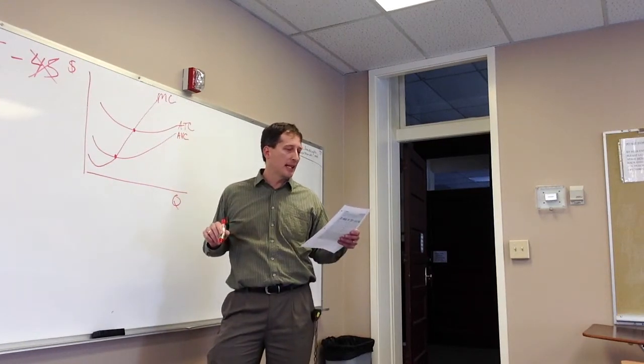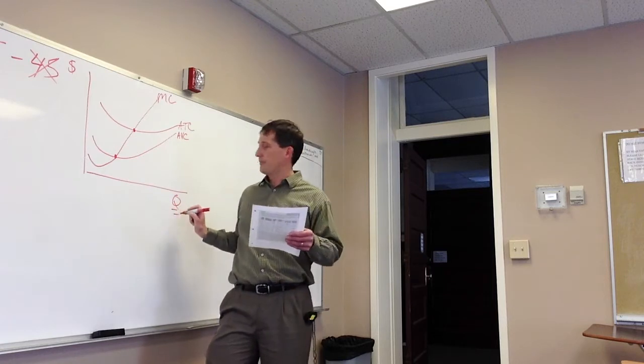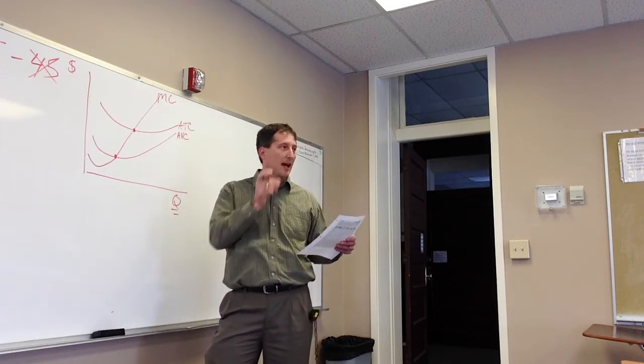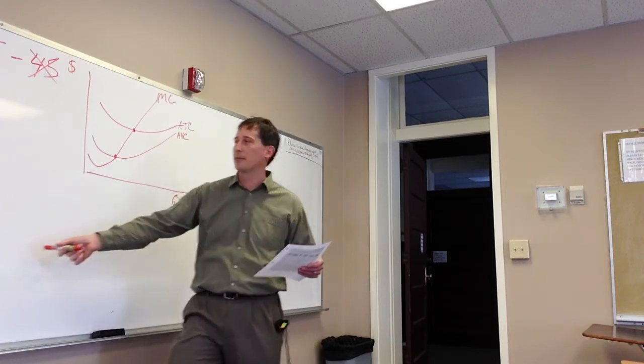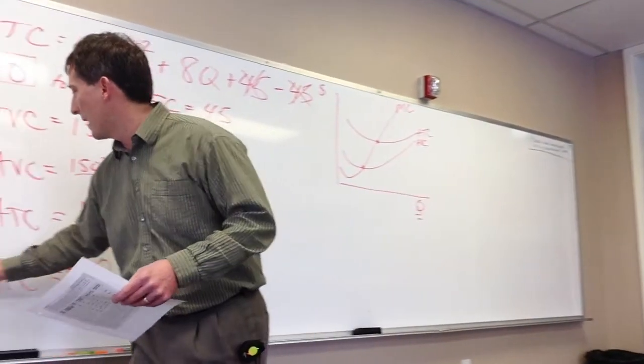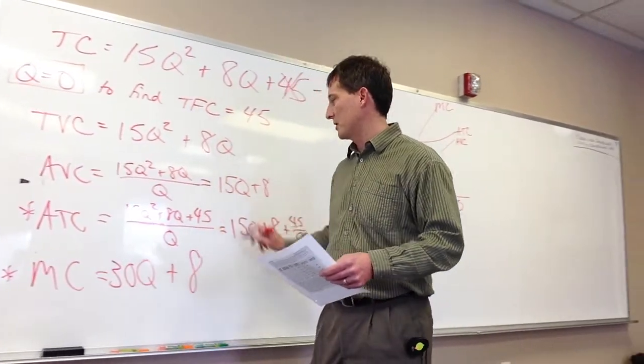Question B. Find the output level, Q, that minimizes average total cost. Set them equal to each other. You got them, right? Good. Marginal cost equals average total cost. There are your functions.